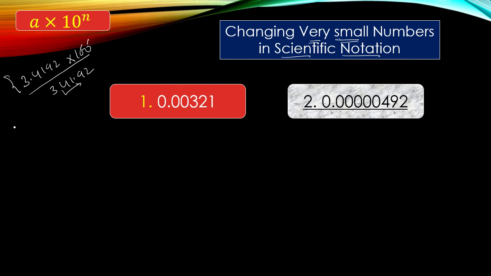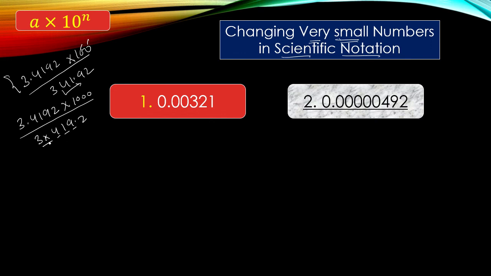Taking another example by the same number, 3.4192, if it is multiplied by 1000, the result would be 3419.2.